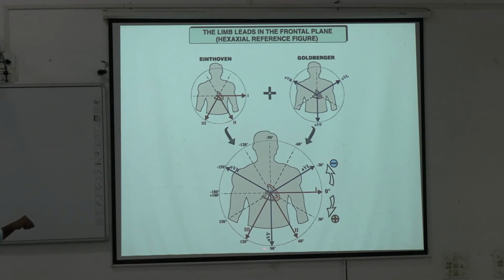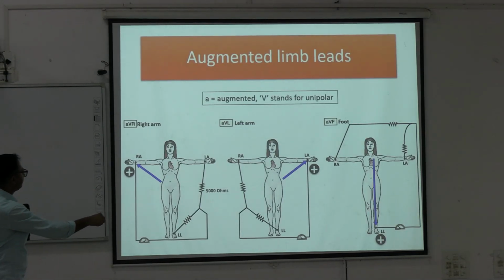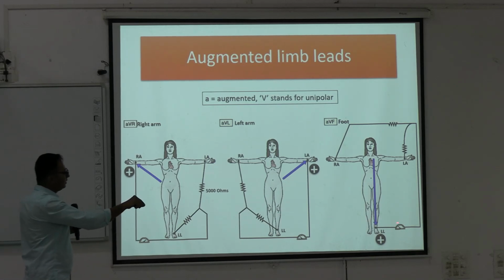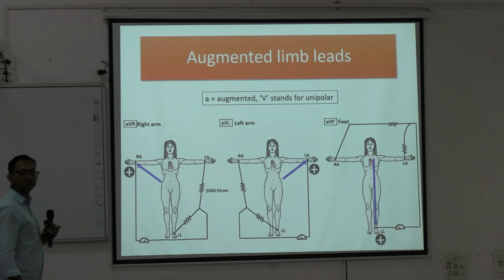Lead AVF is at 90 degree. Okay, this is the direction of lead AVF, which is LL minus (RA plus LA) by 2.